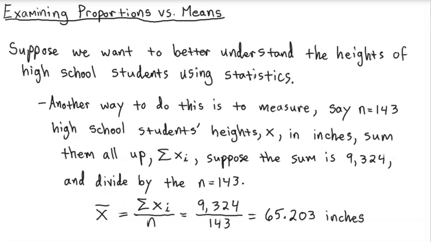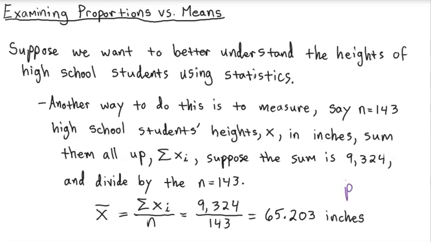X bar in this case would be equal to the sum of all of the heights that were measured divided by the sample size. So 9,324 divided by 143 would be 65.203 inches. And so a mean is a number that is akin to the thing that we're measuring, whereas a proportion always winds up being a number between 0 and 1.